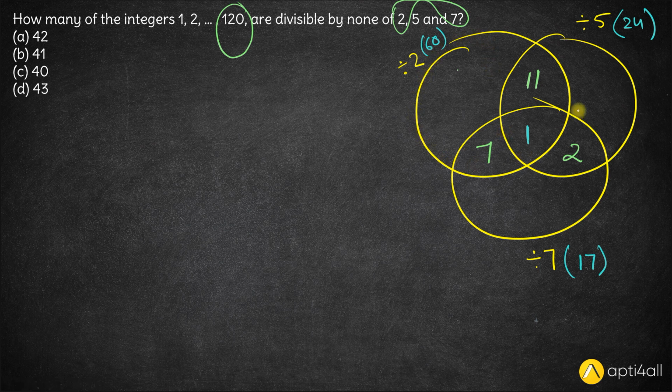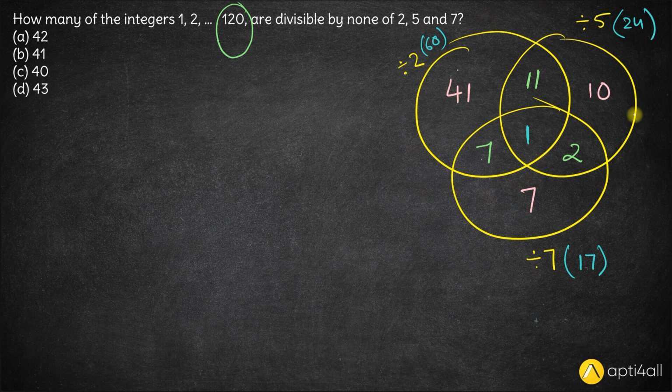Now, out of the 60 numbers divisible by 2, we have 7 plus 1 is 8, 8 plus 11 is 19 over here. So we have 41 numbers divisible by only 2 and not 5 and 7. Similarly here, 11 plus 1 is 12, 12 plus 2 is 14, and 24 minus 14 is 10. And here, 7 plus 1 is 8, 8 plus 2 is 10, 17 minus 10 is 7.